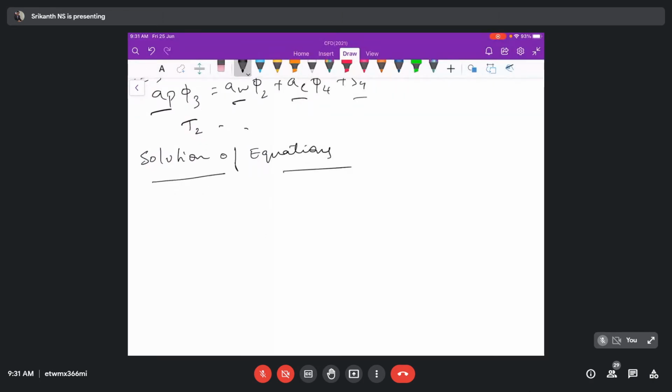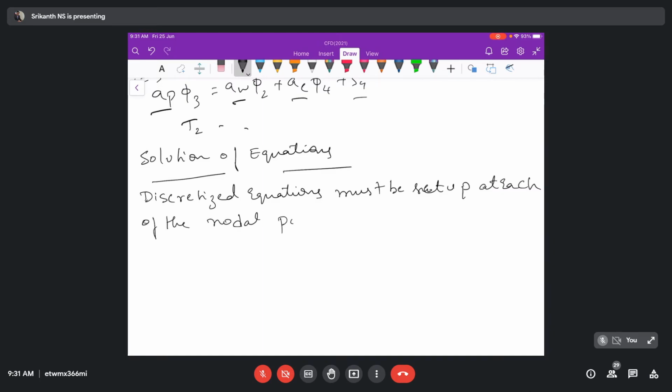You can write: discretized equations must be set up at each of the nodal points in order to solve the problem.